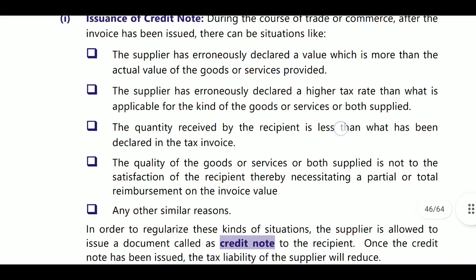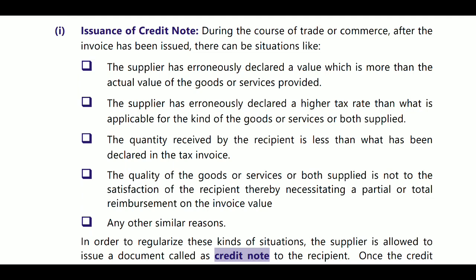You are the person in trade or commerce, you have already issued the tax invoices, where one or more tax invoices are already issued relating to the supply of any goods or services or both.